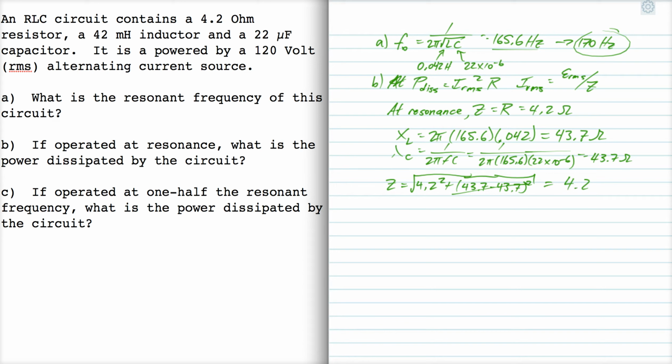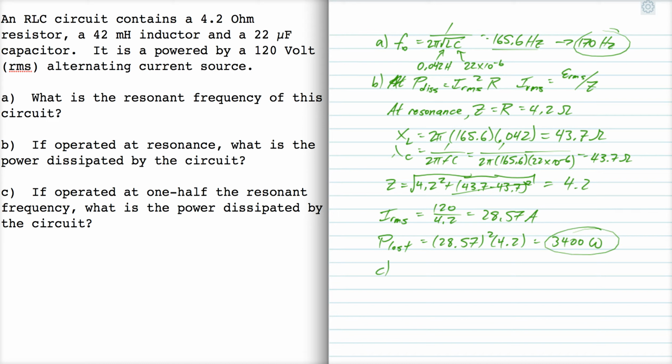Okay, so anyway, the RMS current is equal to the RMS voltage, which we're given as 120, divided by 4.2. So that's 28.57 amps. And so the power lost is 28.57 squared times 4.2, which rounds up to 3,400 watts lost.